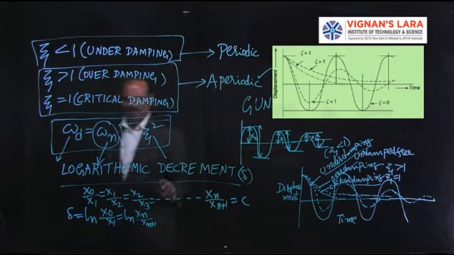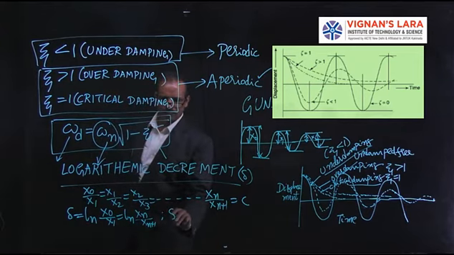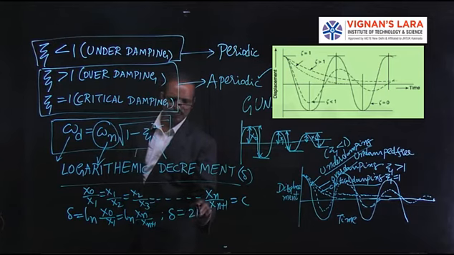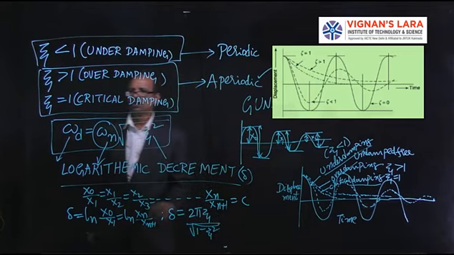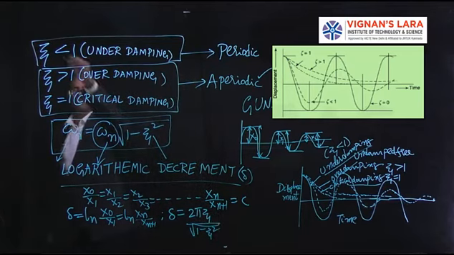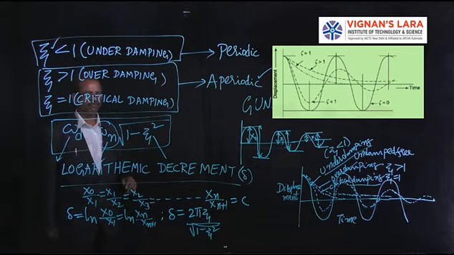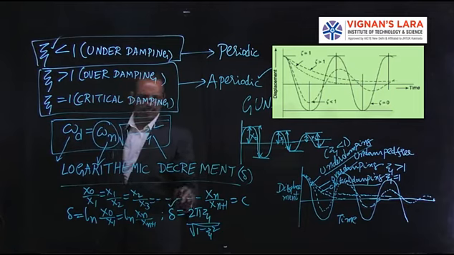This is also written in terms of zeta like this: delta is equal to 2 pi zeta by root over 1 minus zeta square. So what is this zeta? Zeta is the damping factor and delta is the logarithmic decrement.